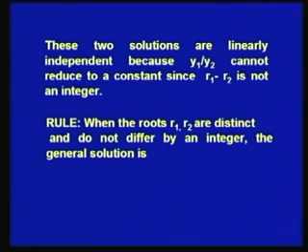So we will then write their linear combination and have the general solution of the differential equation, and thus we have the following rule: when the roots r1 and r2 of the indicial equation are distinct and do not differ by an integer, the general solution is found by replacing r by r1 and r by r2 in the expression y(x) equal to sigma Cm (x minus x naught) to the power m plus r, where the Cm's are found from the recurrence relation, and we write the general solution as y(x) equal to a times y1(x) plus b times y2(x).